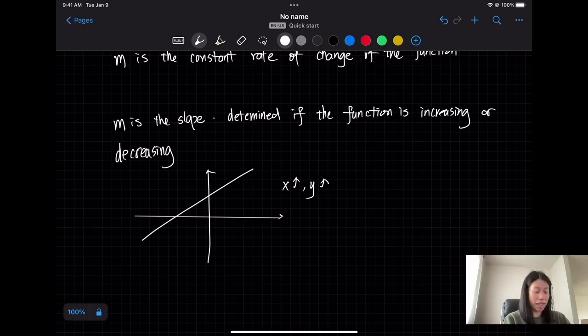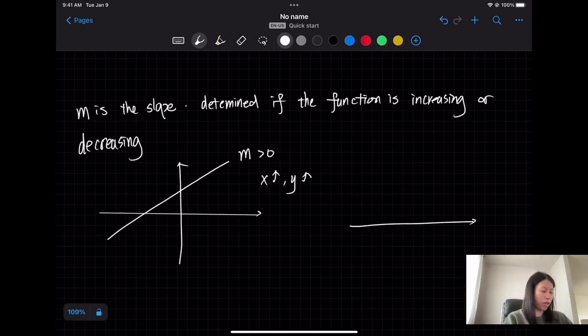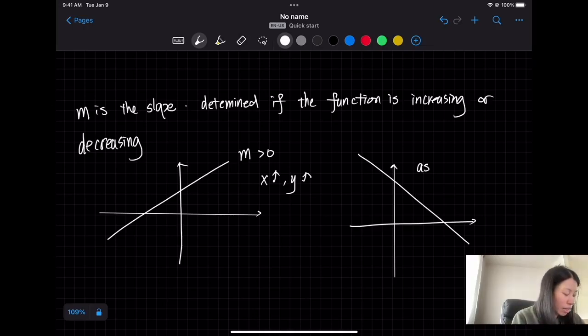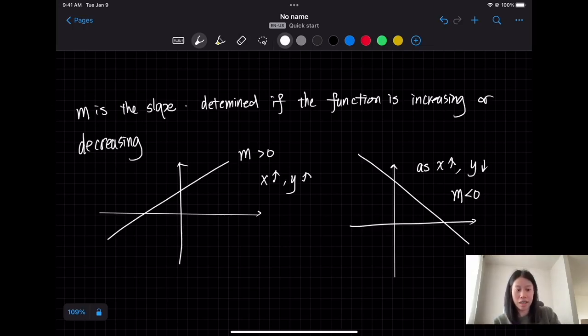That means this is an increasing function, and the slope is a positive number. If you see a graph that looks like that, this is a decreasing function. That means as x increases, y decreases. So for a decreasing function, the slope is going to be a negative number, which is less than 0.